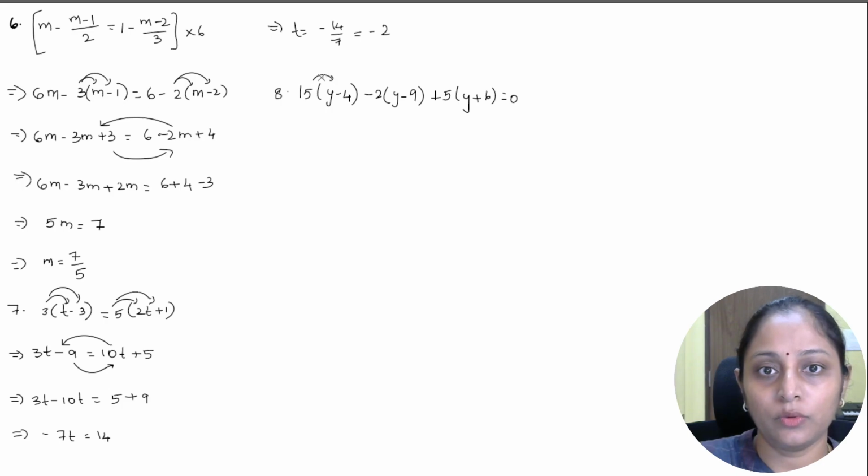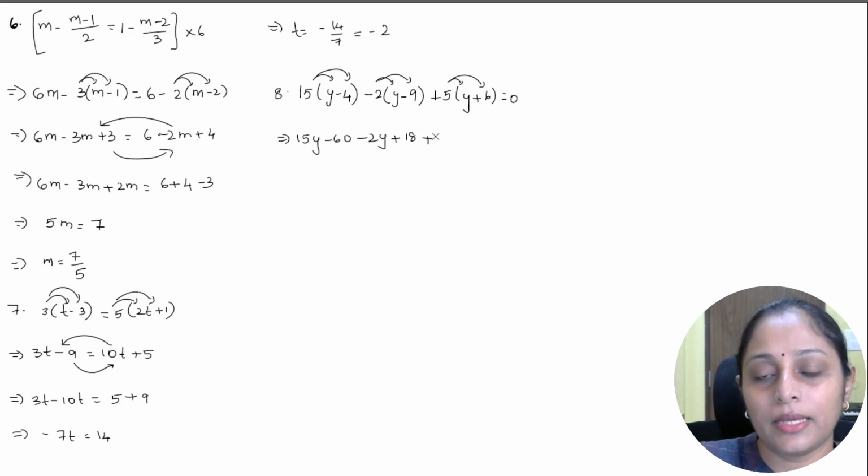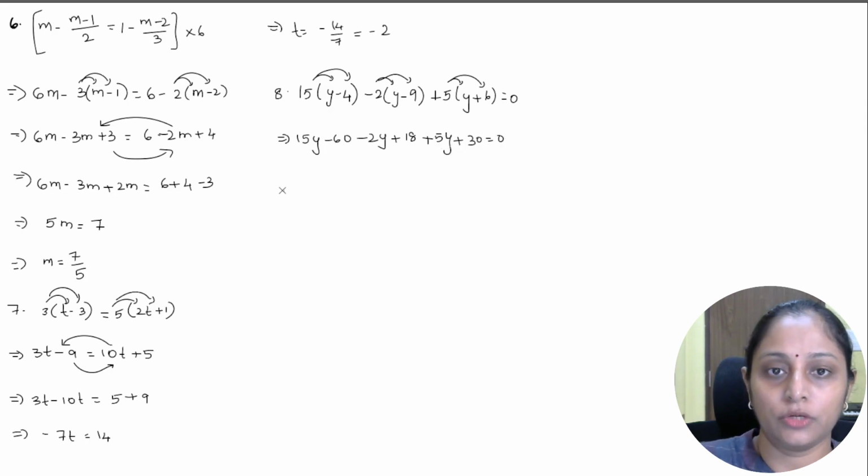First I'm going to open the bracket. Okay, so this will give me 15y minus 60 minus 2y, minus into minus plus 18 plus 5y plus 30 equal to 0.